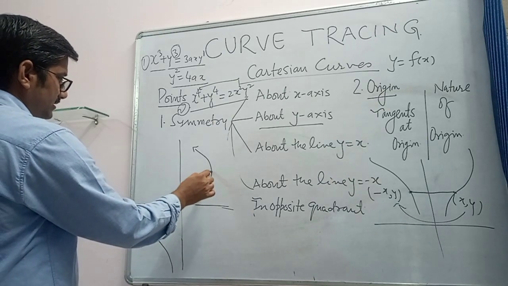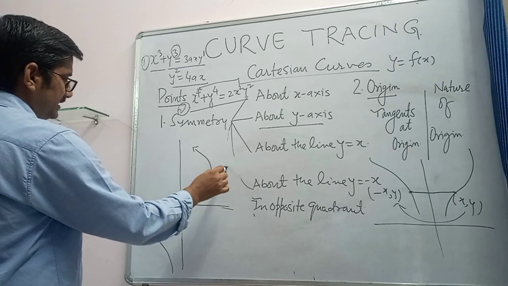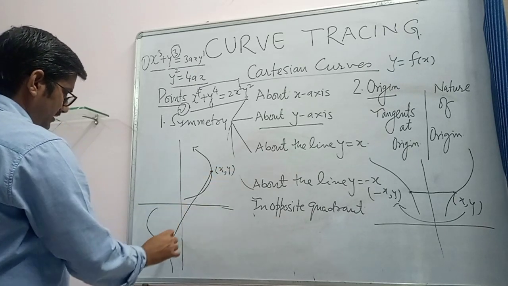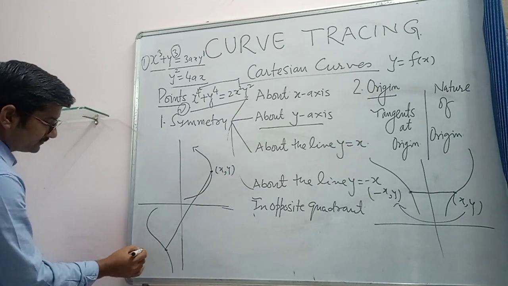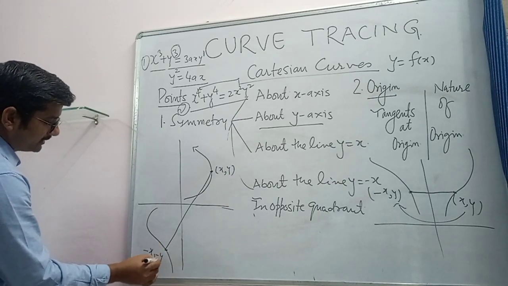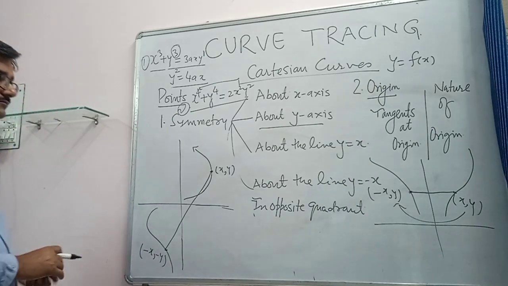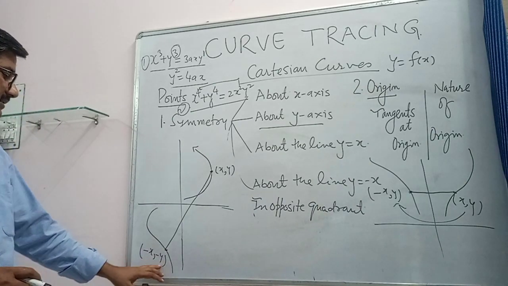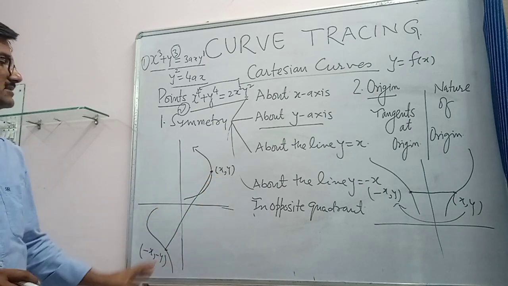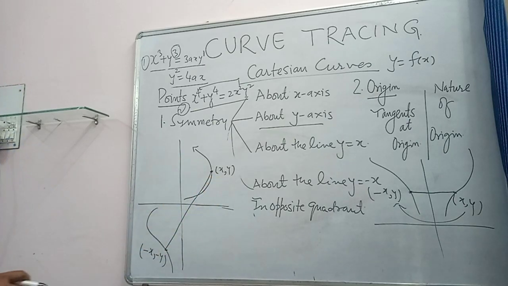It means a point x comma y is there. So in the opposite quadrant, the point will be minus x comma minus y. It means both the points minus x comma minus y and x comma y will satisfy the curve.